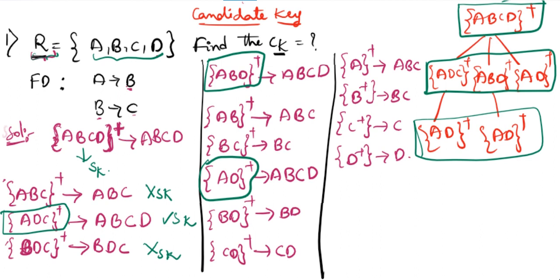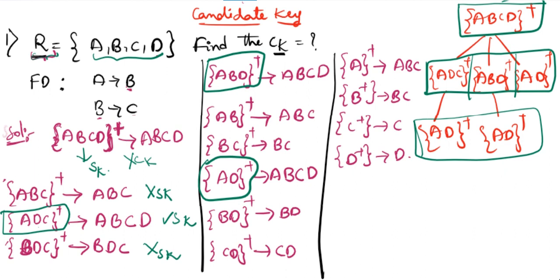For example, this is a super key, this one is a super key, and this one is a super key. ADC, AD, BD. These three are the subsets of ABCD. That's why this super key is not a candidate key, because the subsets are also super keys.